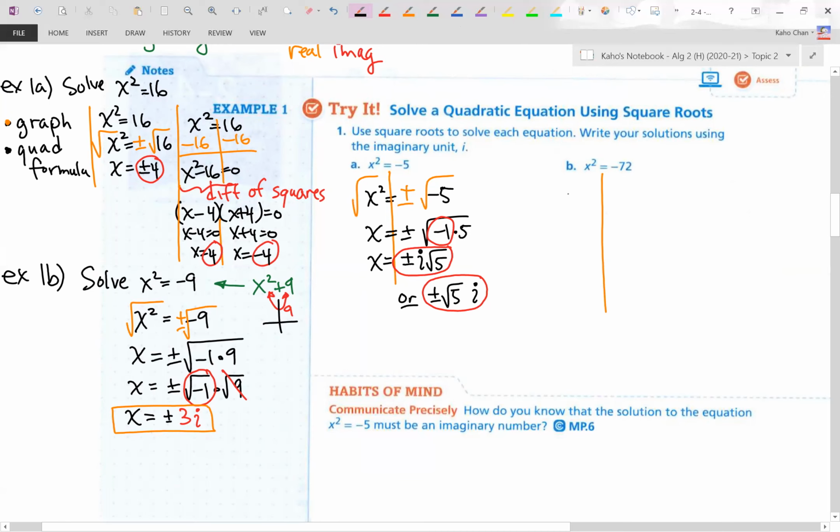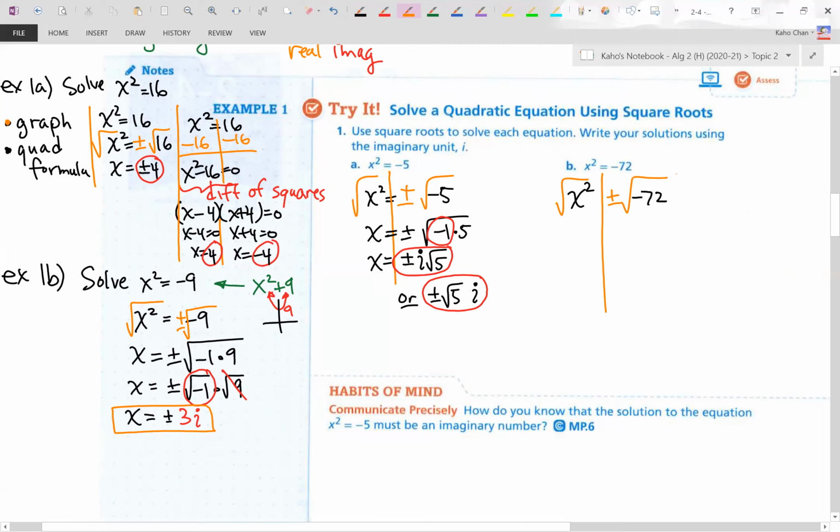Same process, maybe a slightly different arithmetic process here. All right, we're going to square root both sides. 72 is break-downable, isn't it?